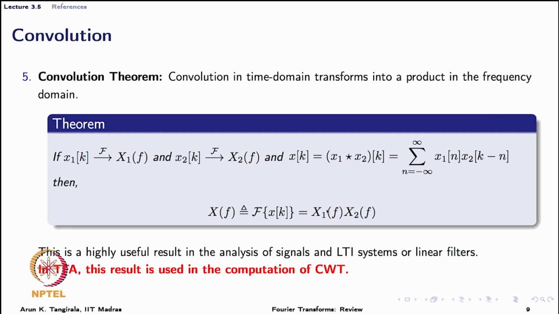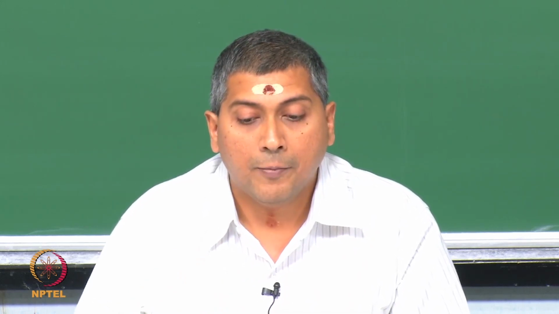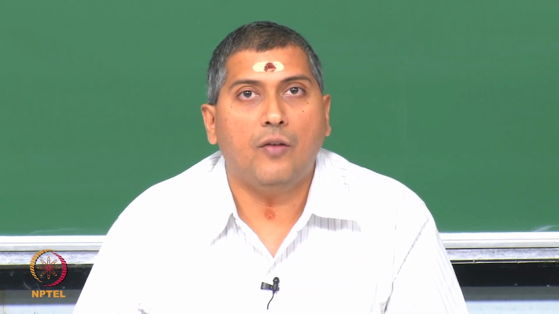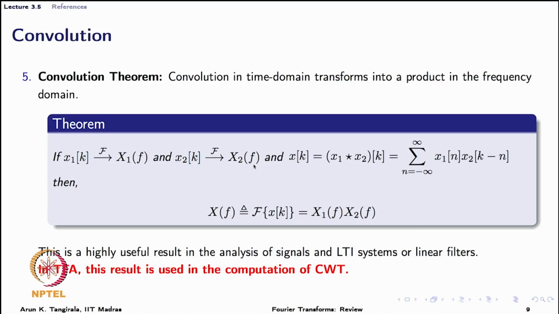It is a beautiful result because it paves the way for a number of things: for frequency domain analysis of linear time invariant systems, and for computation of convolution itself, because there exist efficient algorithms for computation of Fourier transforms by way of FFTs, fast Fourier transforms.